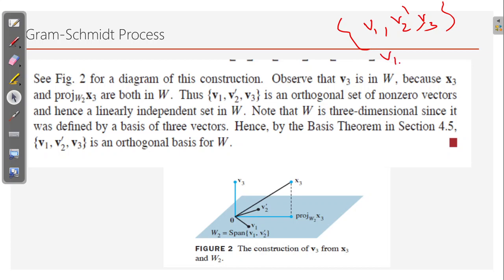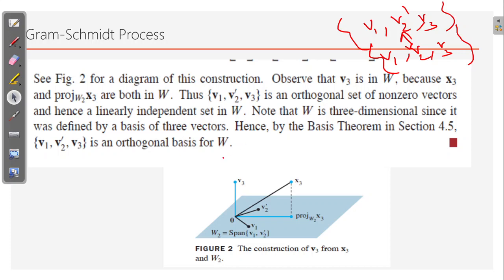Actually it is V1, V2, and V3, but V2 got transformed into V2 dash by scaling it. It doesn't matter if you scale a vector, its orthogonality will not change. So it again forms the basis, right? So V1, V2, V3 forms the orthogonal basis.